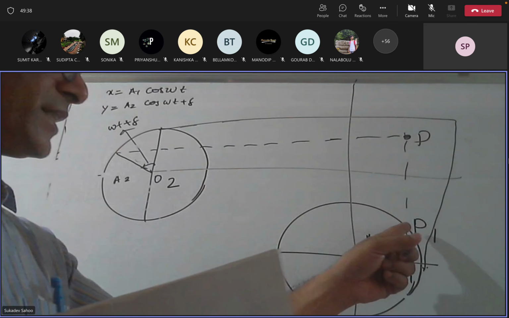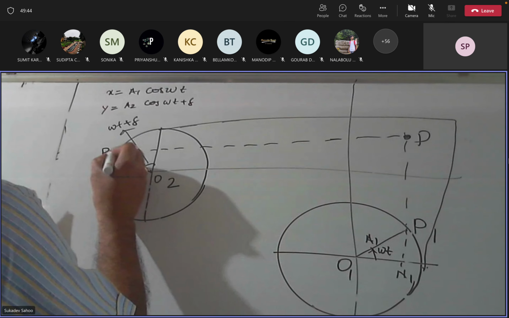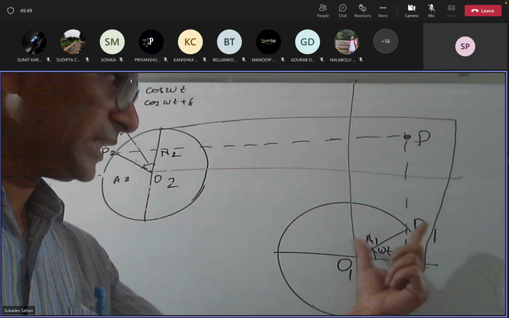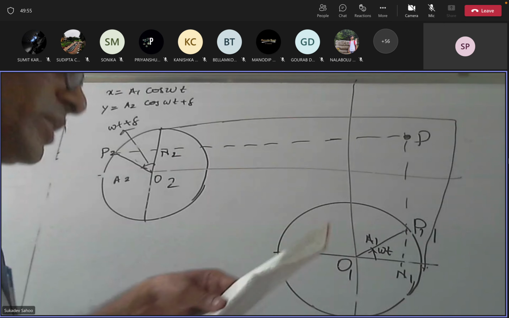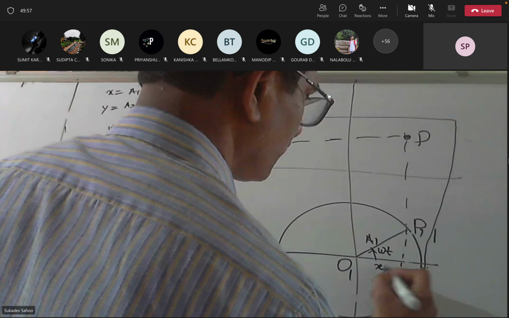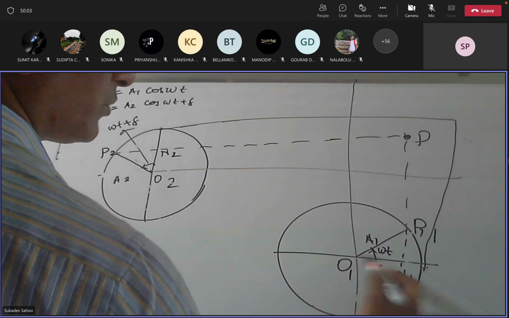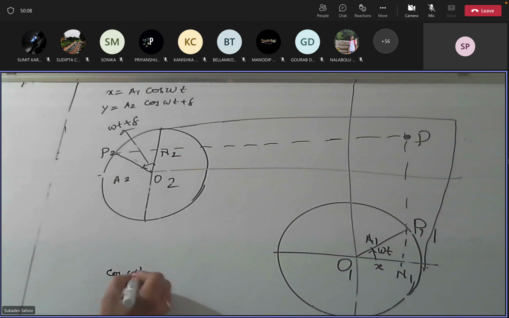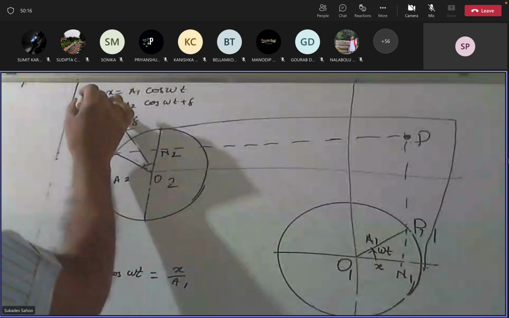At any point on the circle, suppose P1, the projection of O1P1 is O1N1, and we have taken this value as x. Then this is A1, so cos omega t will be x by A1. So x equal to A1 cos omega t. So this circle represents SHM1.